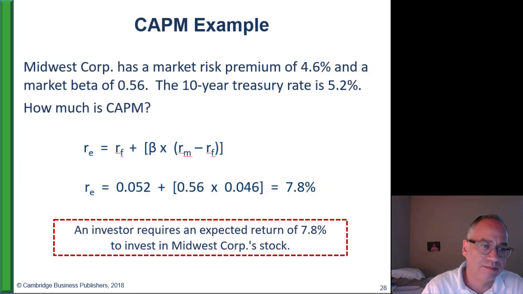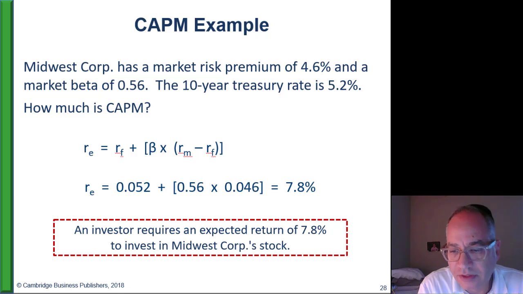So let's take a situation where your market risk premium, that is the market rate minus the risk-free rate, is 4.6%. The beta is 0.56, which means it's a fairly low-risk investment, and the treasury rate is 5.2%.